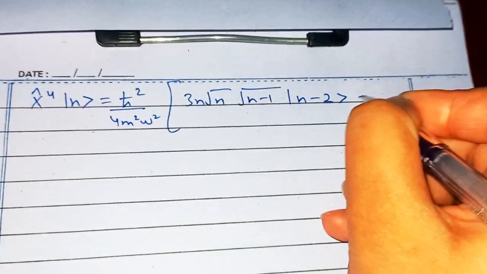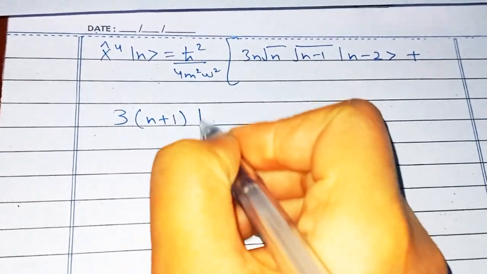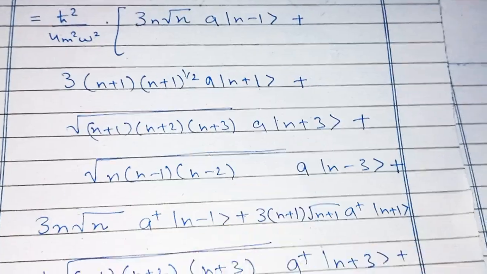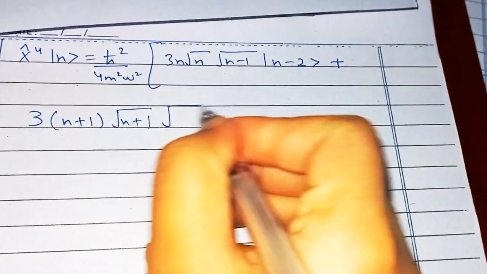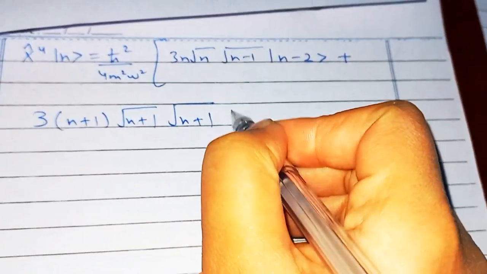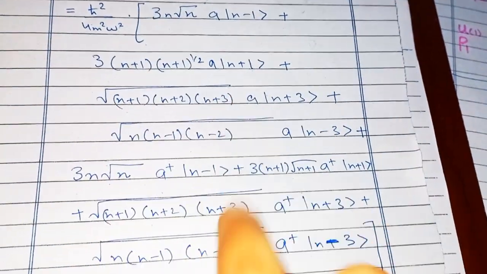Then plus sign, we have the second term, which is this: plus 3 into n plus 1 into under root n plus 1. This ket equals under root n plus 1 into n ket. Next we have the third term, which is this under root term.